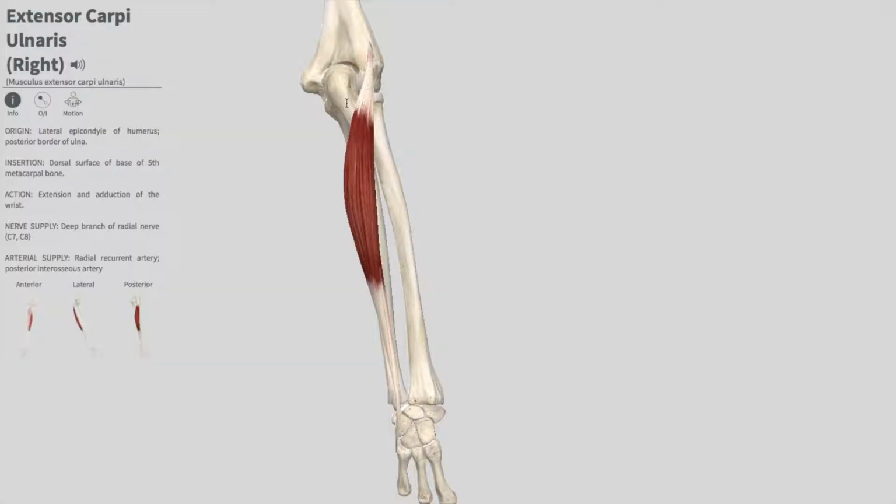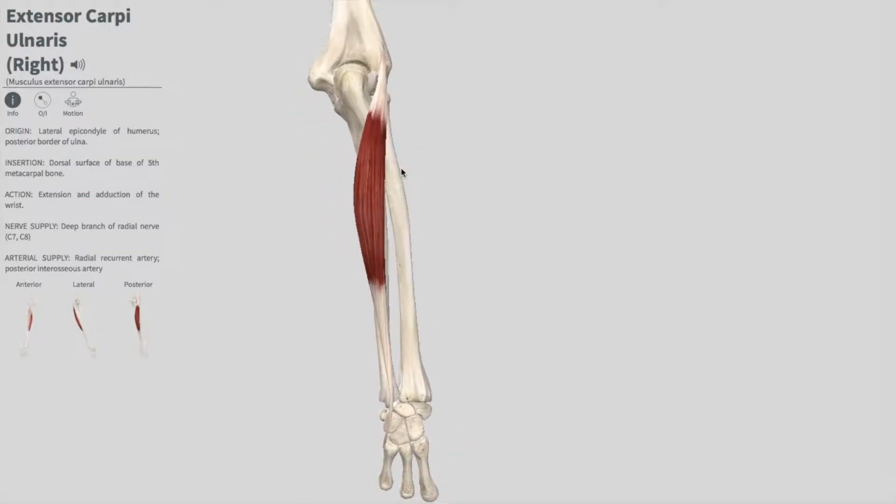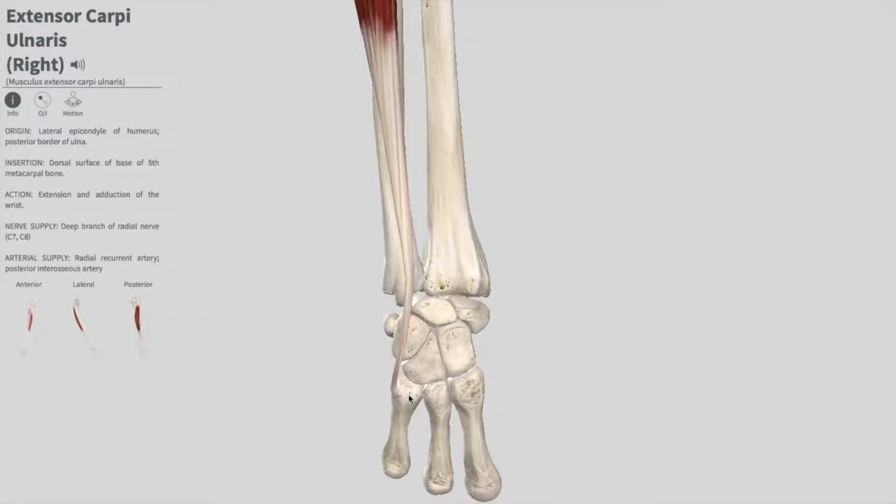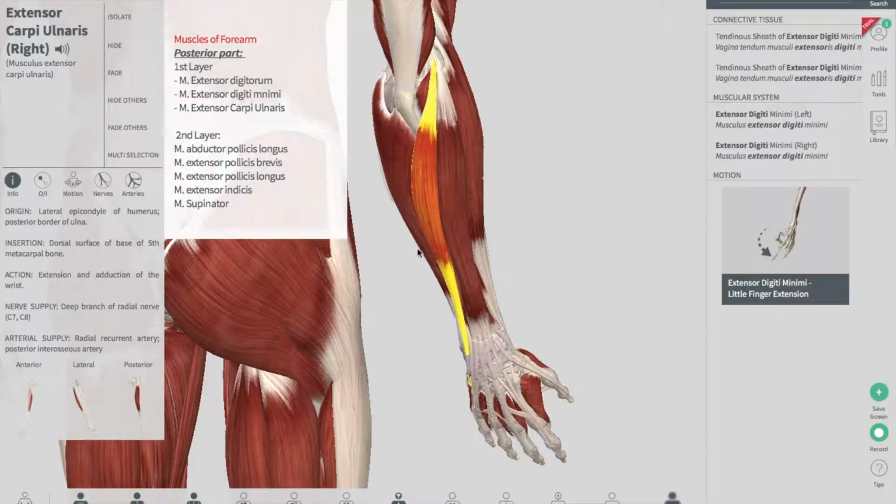It's not shown here, but it's also going to originate from the olecranon and the posterior surface of the ulna, and insert at the fifth metacarpal bone, as you see here. That's the fifth metacarpal bone. And the function of this muscle is the same as others. Extend the manus backwards, pull the hand backwards, also abduct the hand, adduct the hand, pulling it towards the midline.